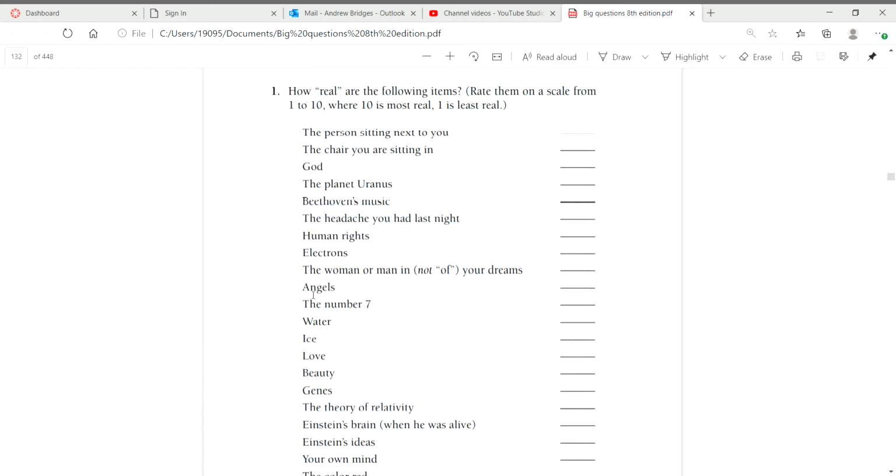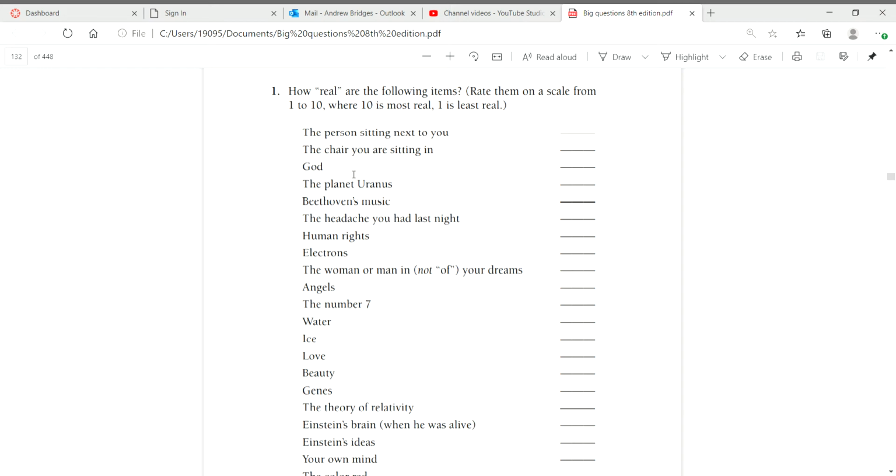Something like an angel, well, maybe in a worldview that could be real, but maybe you think they're not real, they're just made up entities, like a unicorn or something, or maybe you think a unicorn is real. You could just definitely vary quite a bit, but you have to sort of distinguish what you think is most real, what you think exists, and what you think has equal existence to other things.